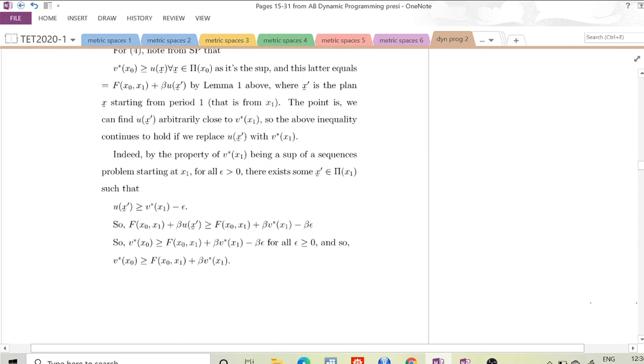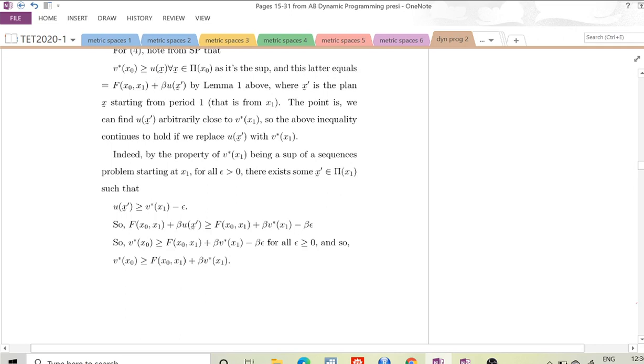We use the following, that for the sequences problem, V star of x naught is greater than or equal to the discounted present value u of x tilde from any feasible plan. Okay, so start with that.